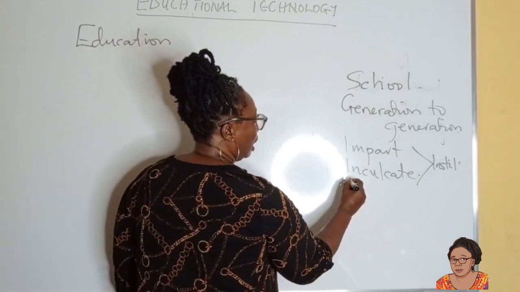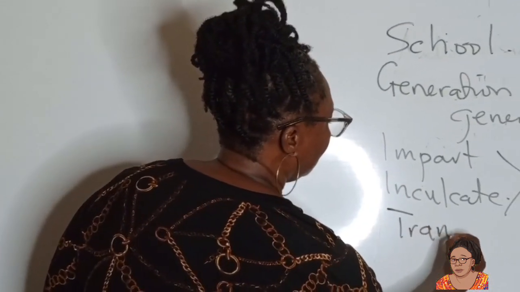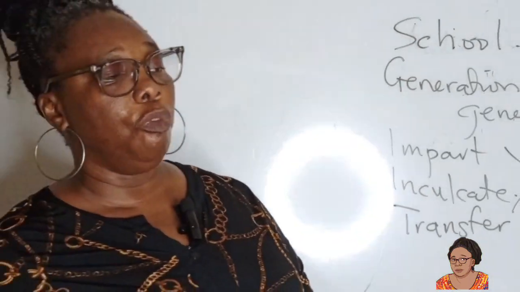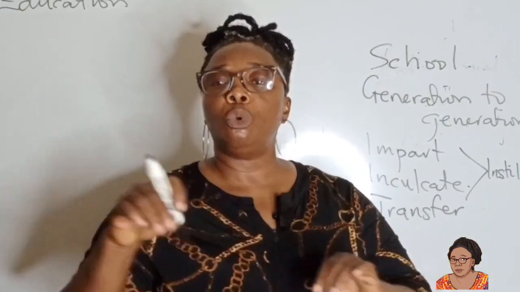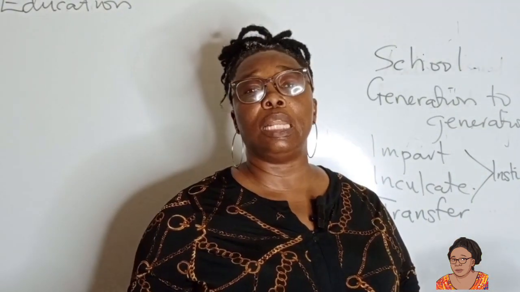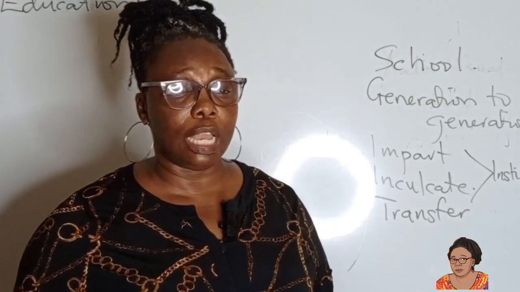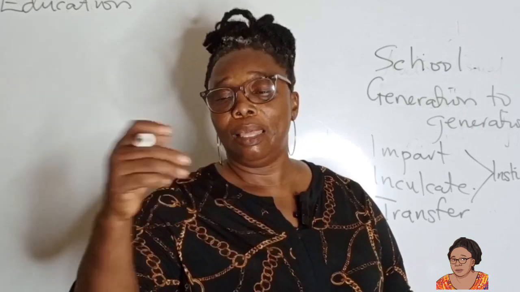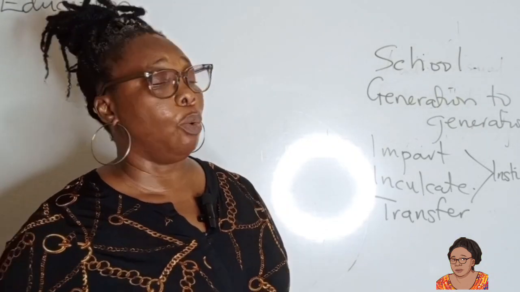And then we also hear the word transfer. When you transfer something, you're moving something from one place to another. That means from where you're moving it, there's actually nothing left. So if we as teachers are transferring knowledge, that means there's no knowledge in our heads again. We've given it to our learners. Of course, that's not what happens.